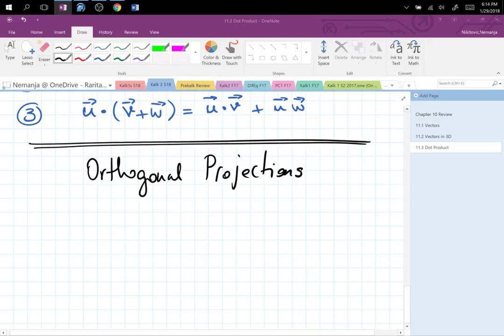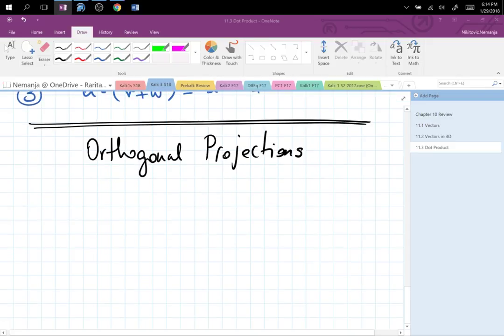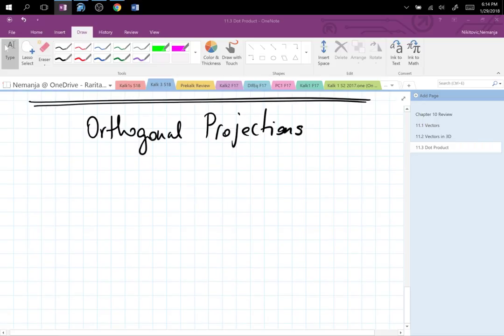Plural, projections, not one, but you can have two or more. First of all, the word projection, at its base core meaning: the device over there is called a projector, and it projects the image onto the surface.